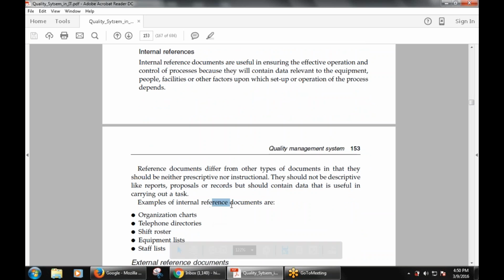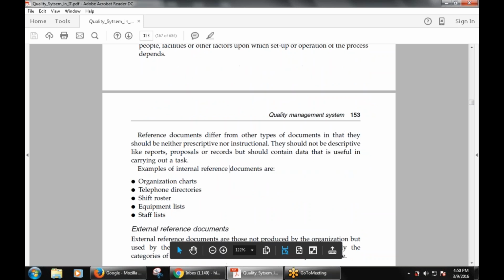Examples of the internal reference documents are organization chart, then telephone directory, then shift roster, then equipment list and the staff list.